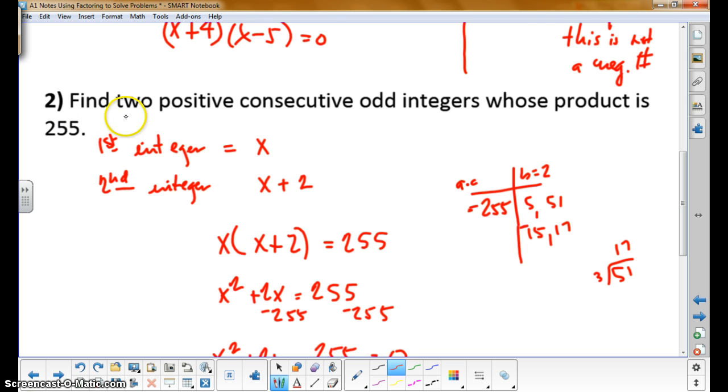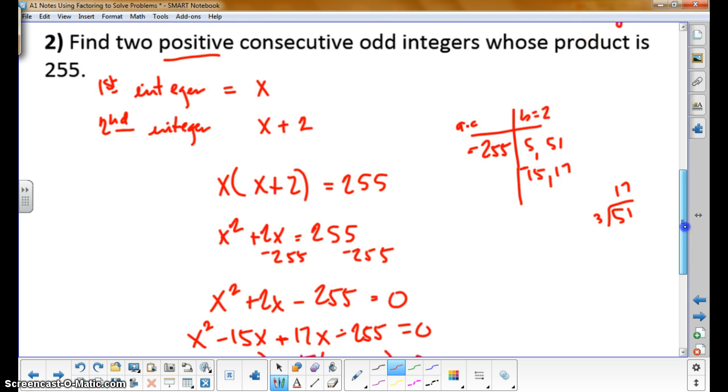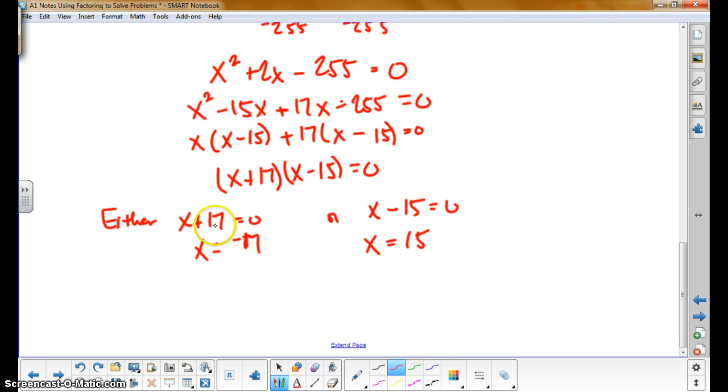Now, can we eliminate some of the possibilities by going up and reading this? Find two positive consecutive odd integers whose product is 255. So the question is, is negative 17 positive? This is not positive, P-O-S-I-T-I-V-E, so not a solution to the question.